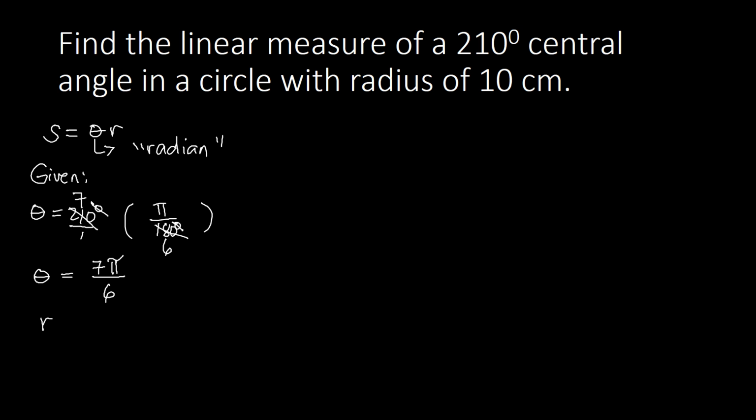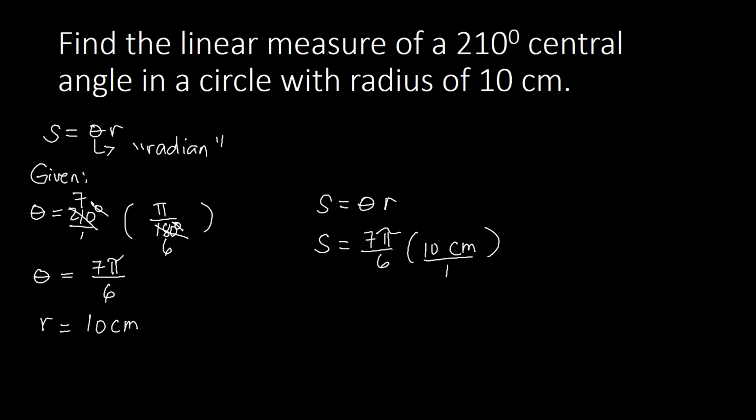Then we've got the other given, which is the radius of the circle, 10 cm. Utilizing the equation above, we have S equal to theta r. Plugging in, S equals 7 pi over 6 multiplied with the radius, which is 10 cm. Again, our 10 here is a numerator, understood with 1 as a denominator. Checking numerator and denominator, there is a common factor, which is 2.